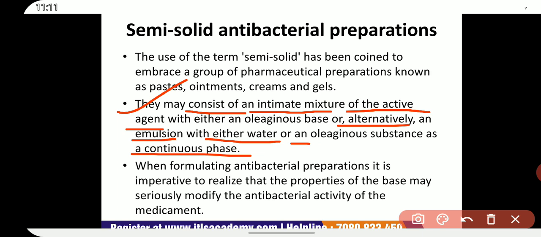More recently, polyethylene glycols and other organic polymers have been used.